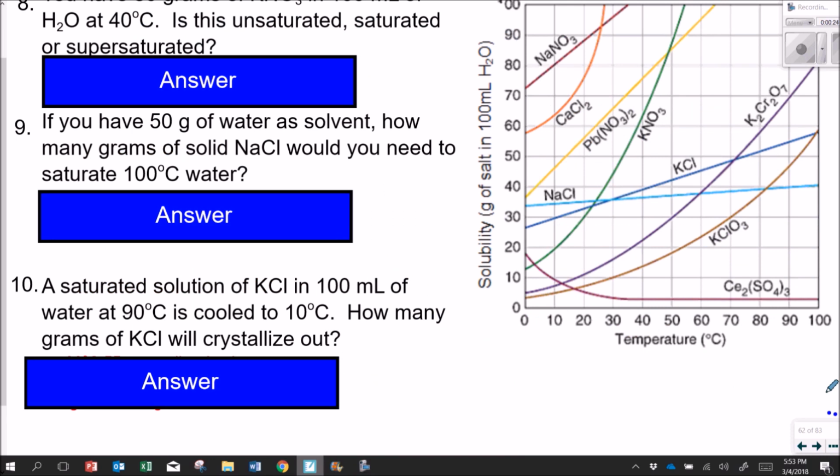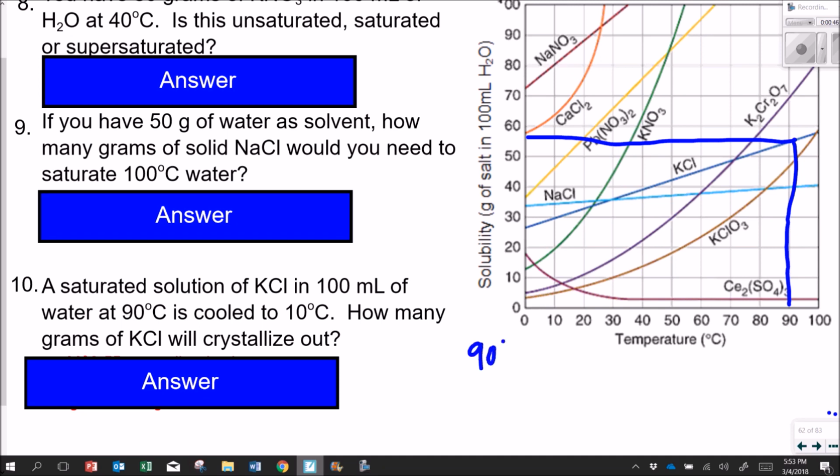A saturated solution of potassium chloride in 100 milliliters of water at 90 degrees Celsius is cooled to 10 degrees Celsius. How many grams of potassium chloride will crystallize out? So I go to 90 degrees Celsius and I find out how much potassium chloride is dissolved. And we have about 55 grams.